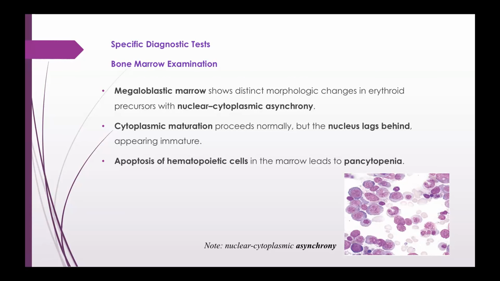Also very important, in megaloblastic anemia and also in myelodysplastic syndrome, in both conditions, there is marked hemolysis. Because of that, the findings of high LDH and high bilirubin will be similar in both conditions.